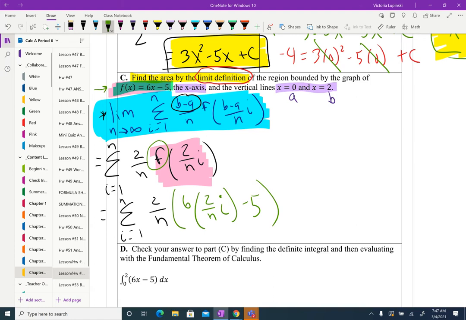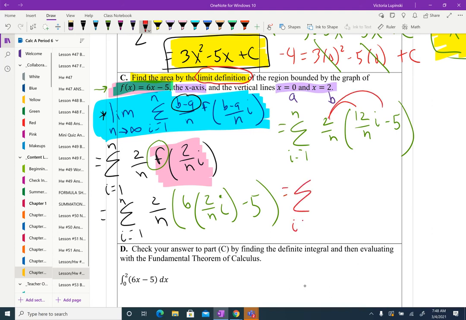Little bit of simplification. So in the next step, this is the sum still from 1 to n of 2 over n. If you multiply 6 times 2 over n i, you're going to get 12 over n i minus 5. Then you're going to distribute.